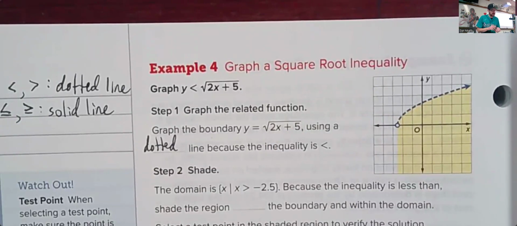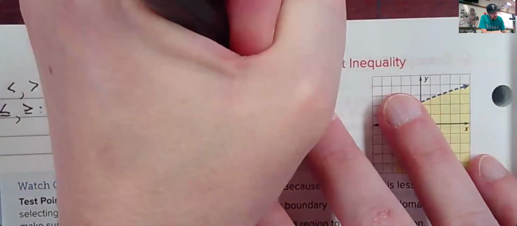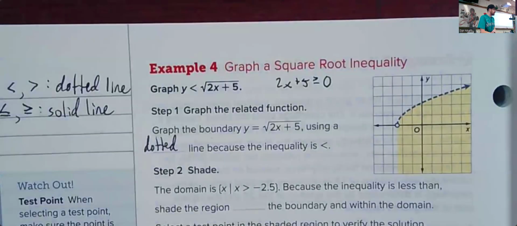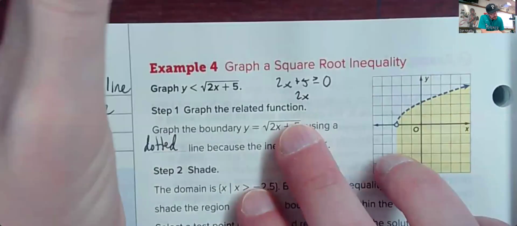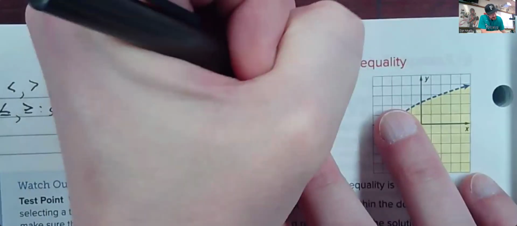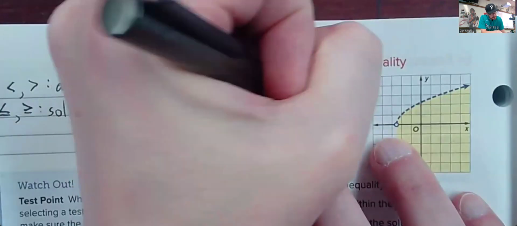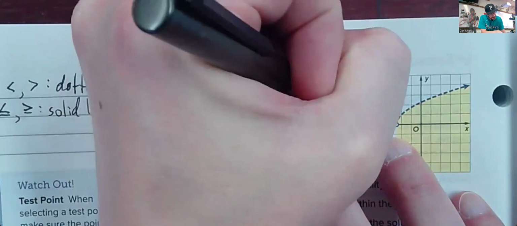So let's just do that math real quick. Because no matter what, underneath the square root has to be greater than or equal to 0. Otherwise, we get a complex or an imaginary value, which is not what we're dealing with. And so if you work through the math here, you'd subtract 5 from both sides. You get 2x is greater than or equal to negative 5. And if you divide by 2, you get x is greater than or equal to negative 2.5.